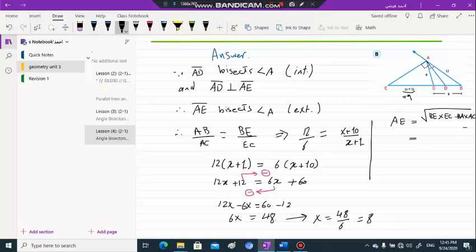So BE will be 9 plus 9, 18, times AC 9, minus BA 12 multiplied by AC, which is 6. You can use a calculator to find this value. So it will be 3 root 10 something.